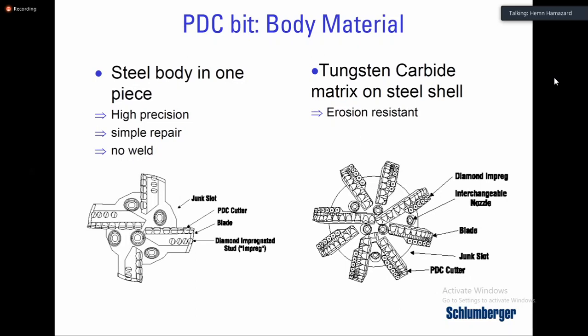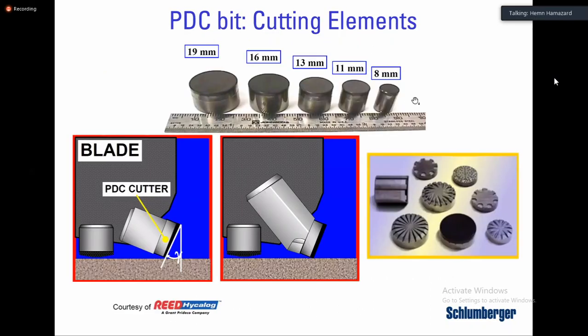Then you need to know the size of the diameter of the cutter, so you can call the bit 7, or in here 8. If it is 13 millimeter, just like this one, then you call it 713. That's how you call the bits.